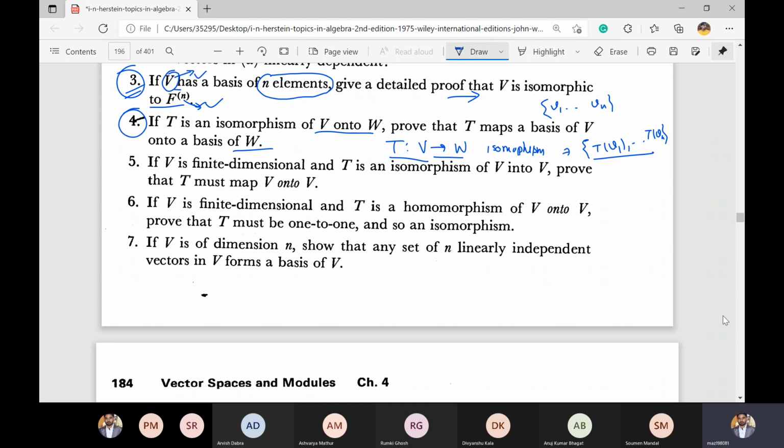If you take any vector, these vectors will form an n-dimensional space. We'll use the fact that T is onto. Please, one by one. Okay, yes. Divyansu, please continue.